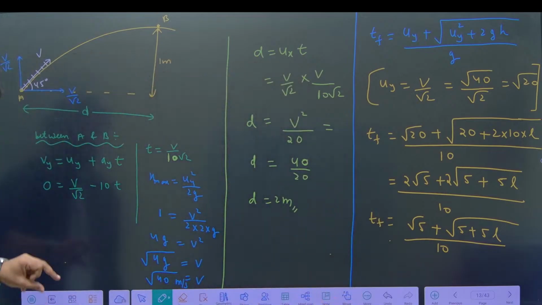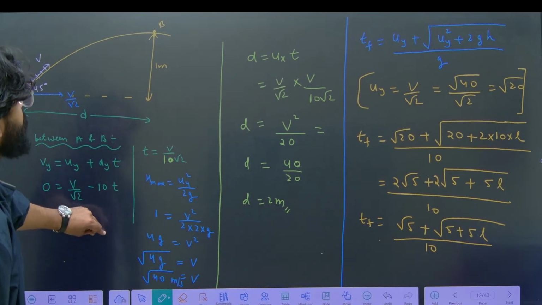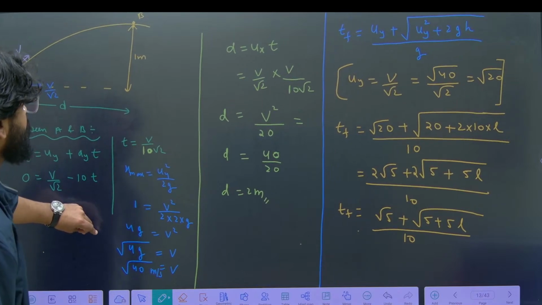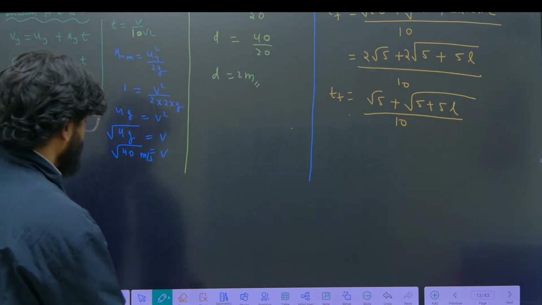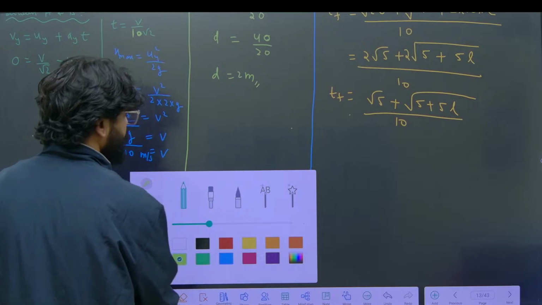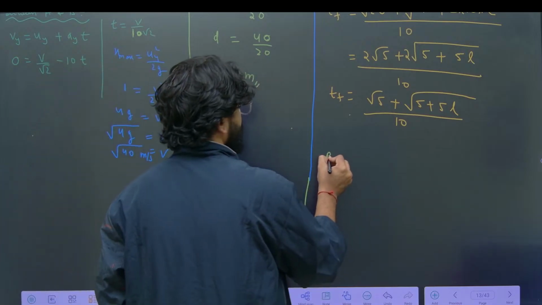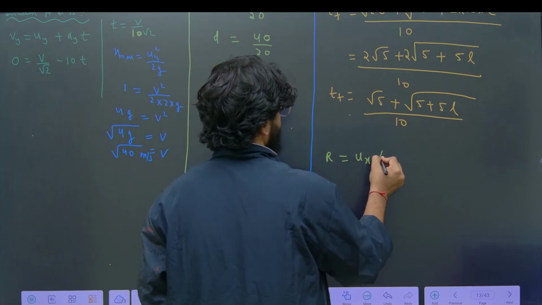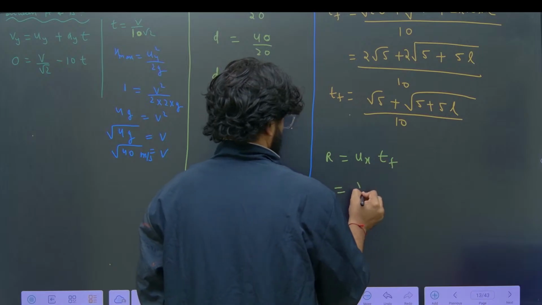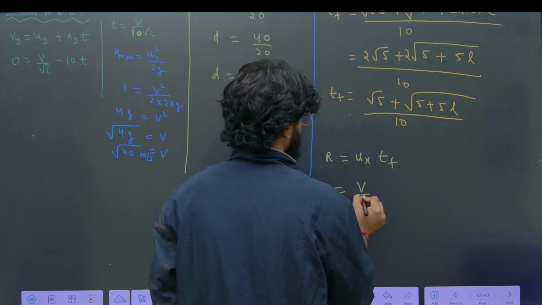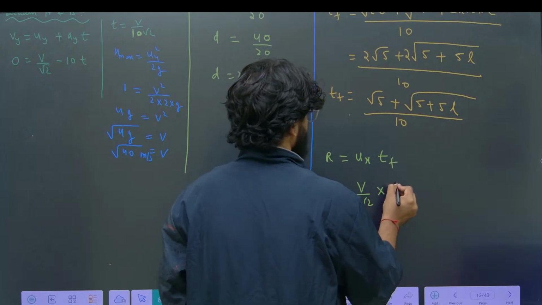Now we can calculate range. Range is ux into time of flight, v by root 2 into this.